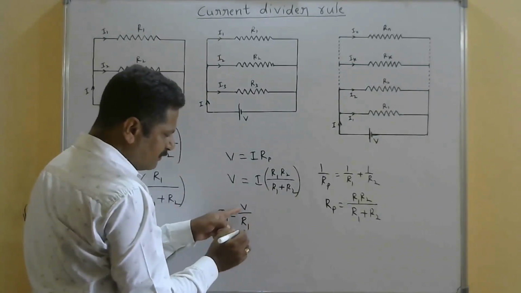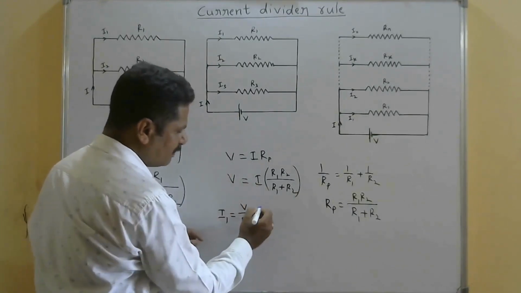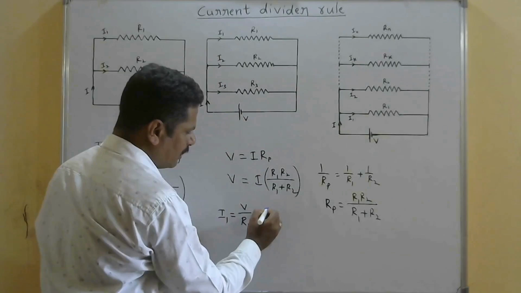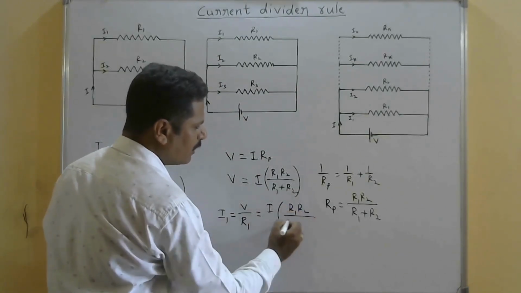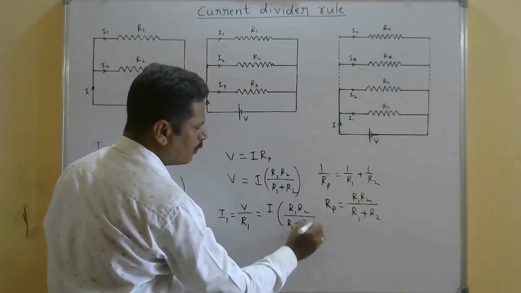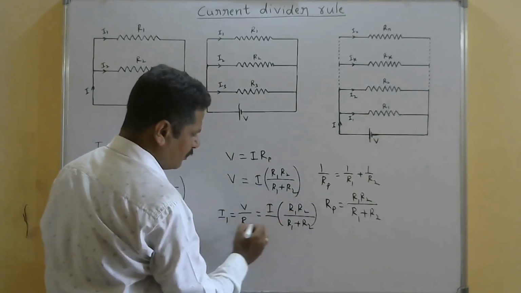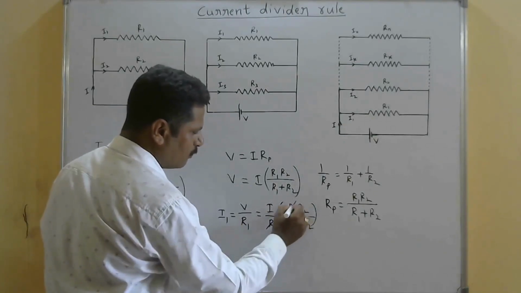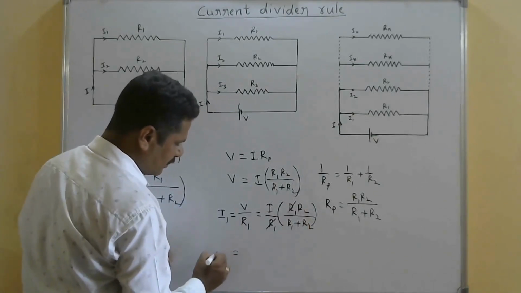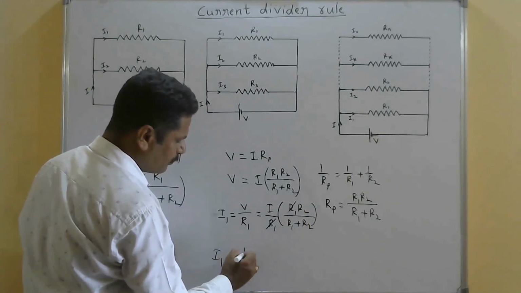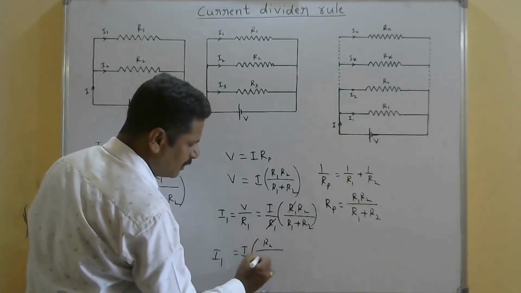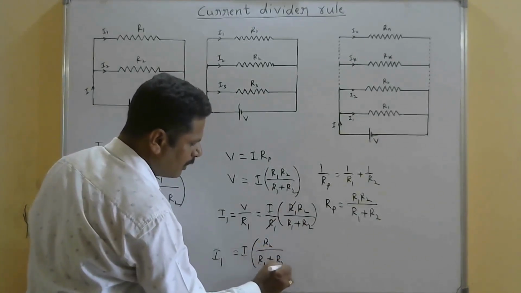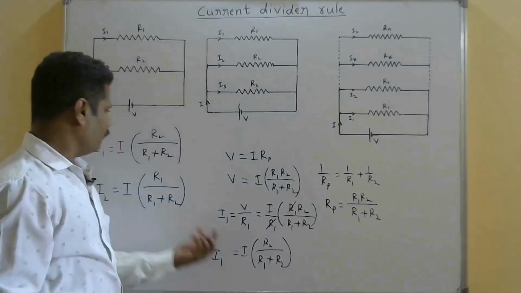If I replace this V by this, you see, this is equal to I times R1 R2 divided by R1 plus R2, and here we have R1. This R1 and R1 get cancelled. We are left with I1 equal to the total current times the opposite resistance divided by R1 plus R2. So this is how we get this.